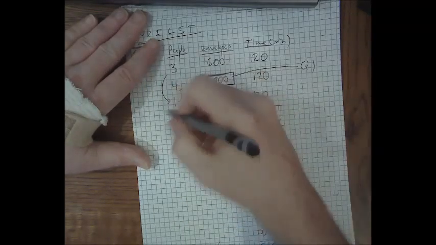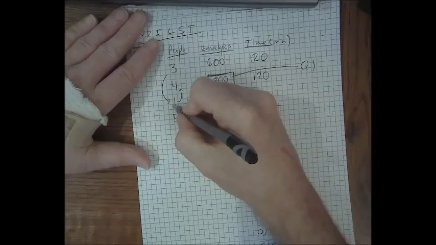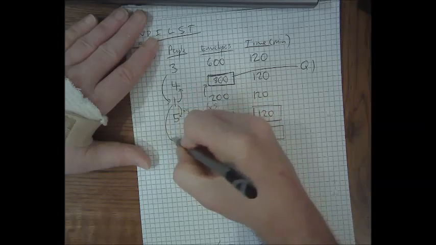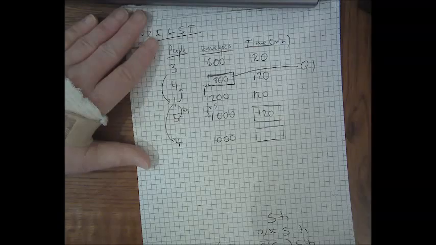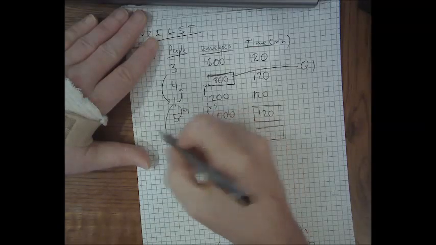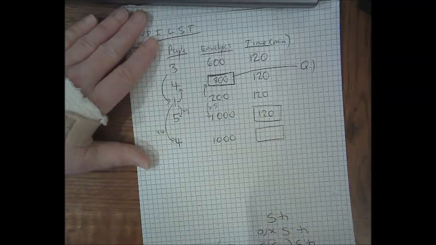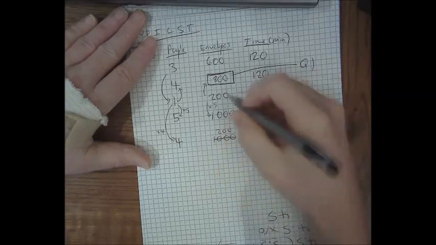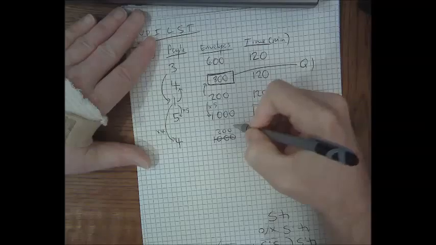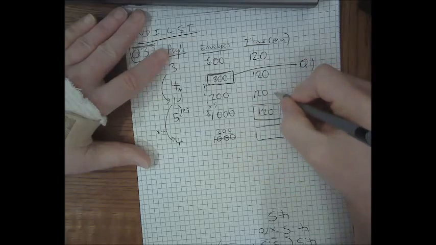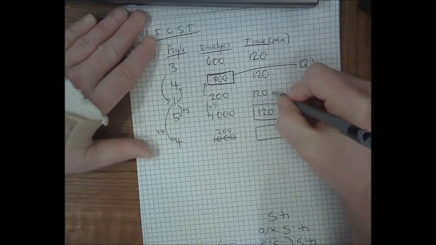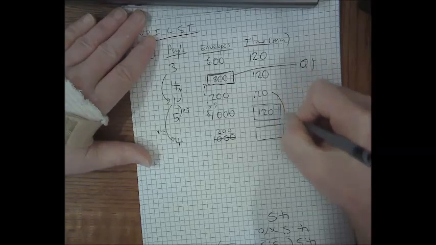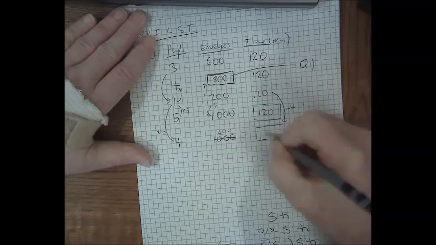But what about 4 people? If you times that by 4 and it's still 200 envelopes, let's keep that the same, then you'll divide this by 4. So that will now become 30.